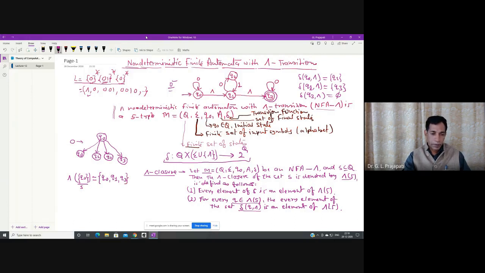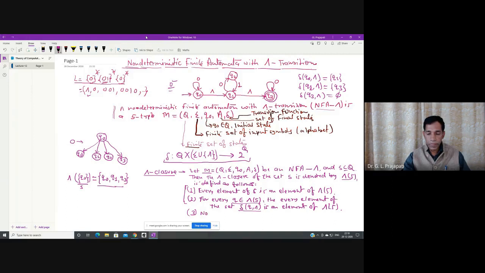This is the way you can determine the null closure of this set. So only these states: once you obtain the elements of Q using steps 1 and 2, these are the only elements of the null closure of the set S.